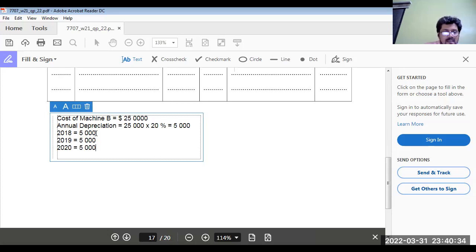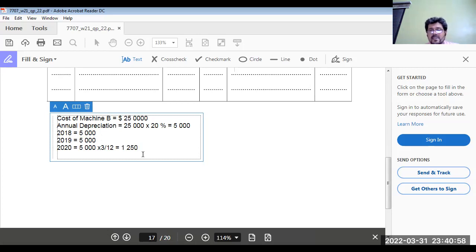So 5,000 multiplied by 3 upon 12 is equal to how much? 1,250.